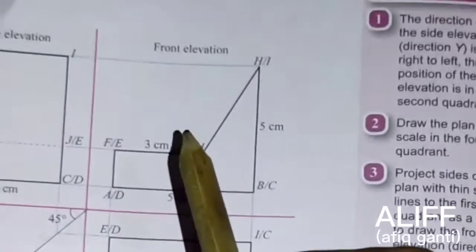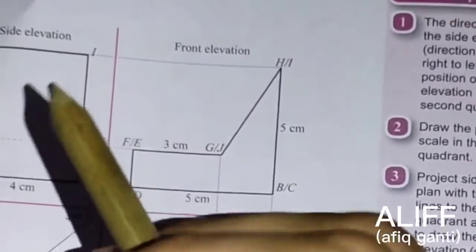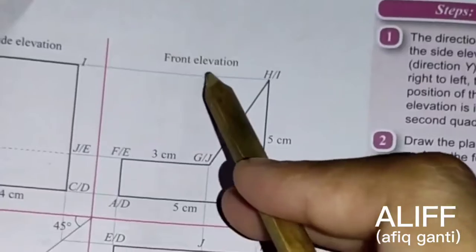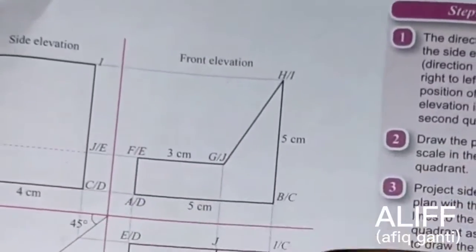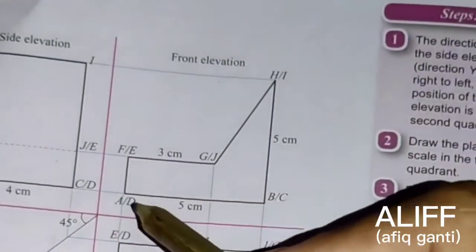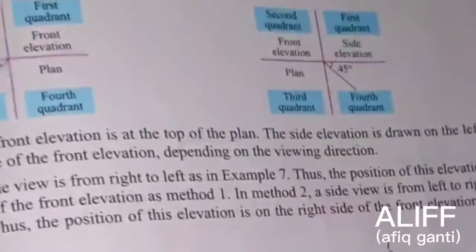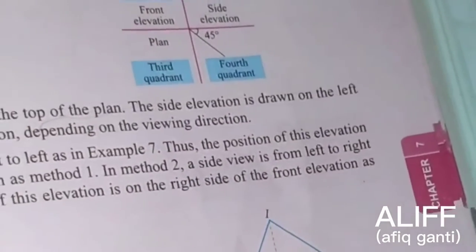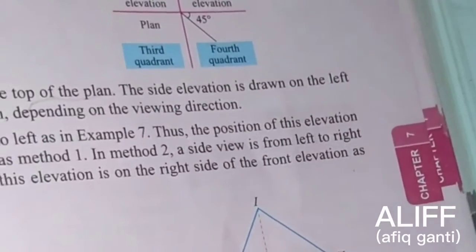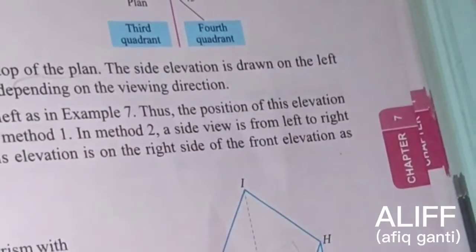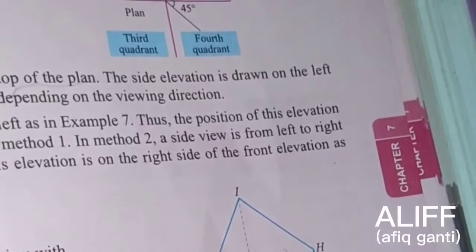This is what X sees. This is what X saw. Front elevation. It means this is what X saw in front of it. A, B, H, G, F. And of course, look at it again. A, B, H, G, F. It's the same, because A, B, H, G, F is what X sees. What X saw.